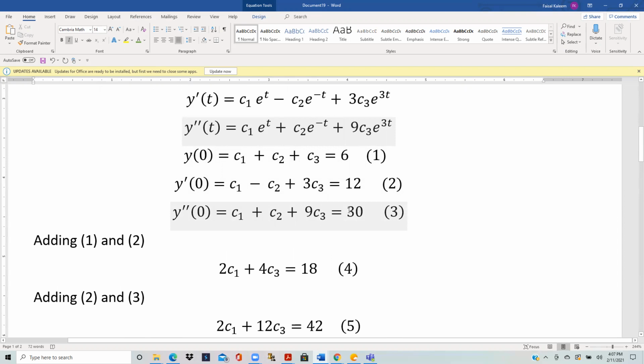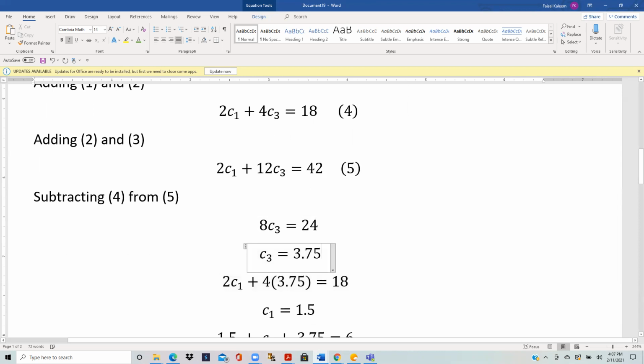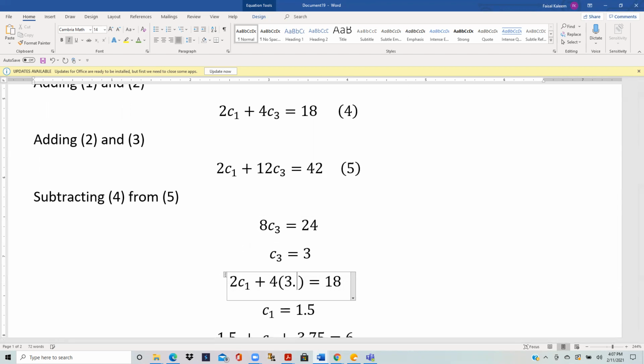So, oh, I don't know. For some reason, I said 42 minus 18 is 30. 42 minus 18 is 24. So C3 is 3 actually, not 3.75. And 2C1 plus 4 times 3. 4 times 3 is 12. 18 minus 12 is 6.